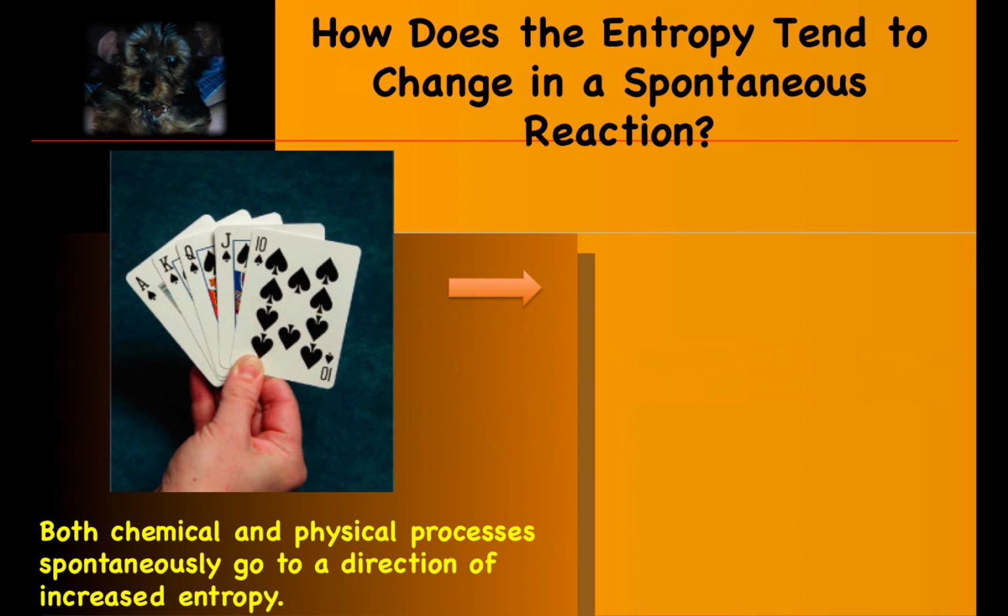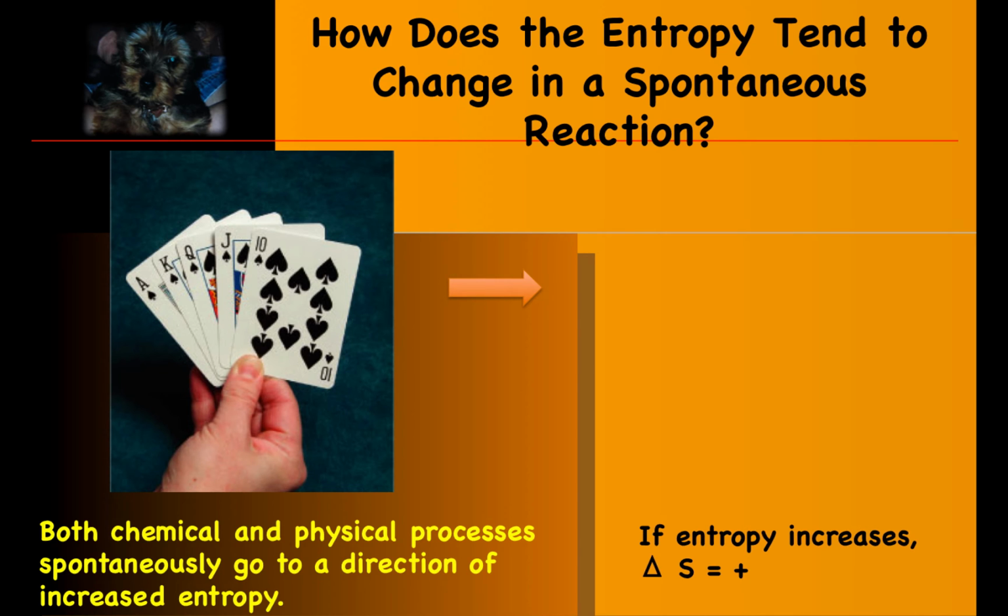Well, how does the entropy tend to change in a spontaneous reaction? Both chemical and physical processes spontaneously go to a direction of increased entropy. Entropy is randomness, confusion, disorder. If entropy increases, that means that delta S is positive.